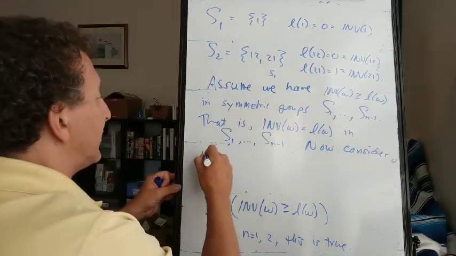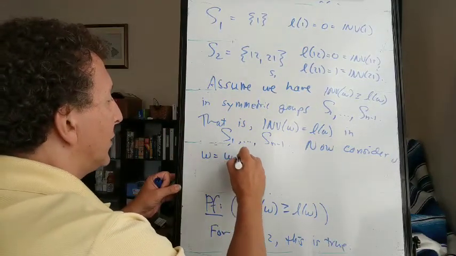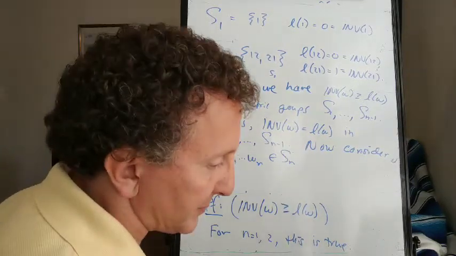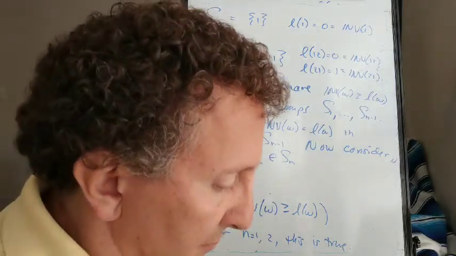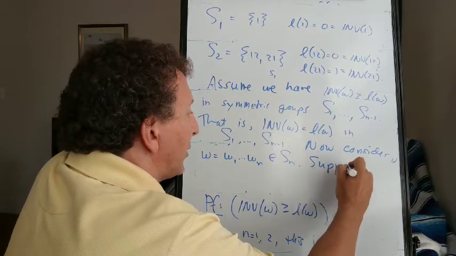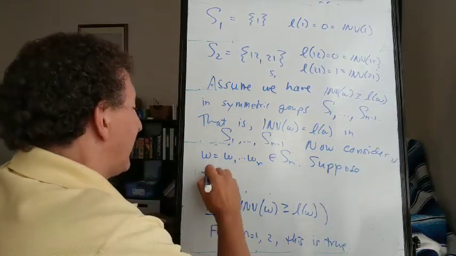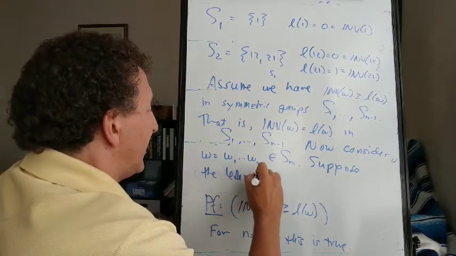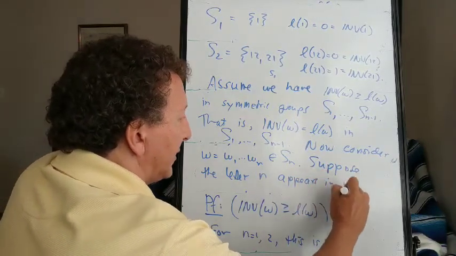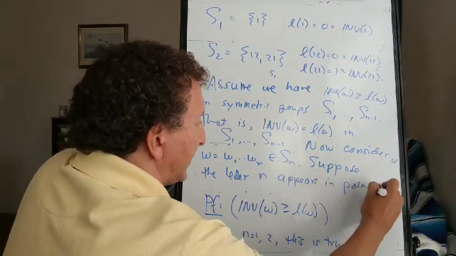Now let's consider W, which has n letters and is in the nth symmetric group. And let's suppose that the letter N appears in position P.